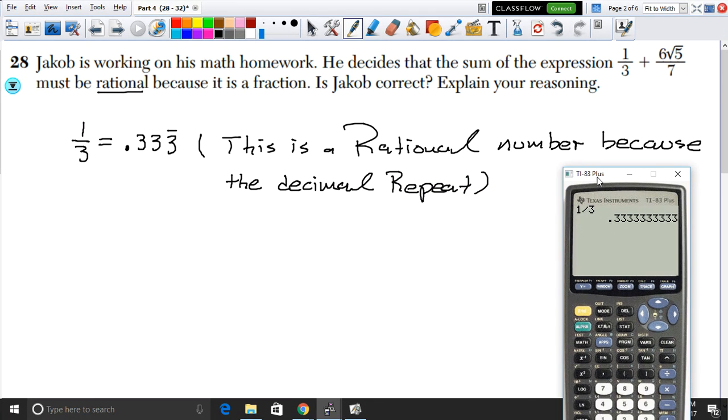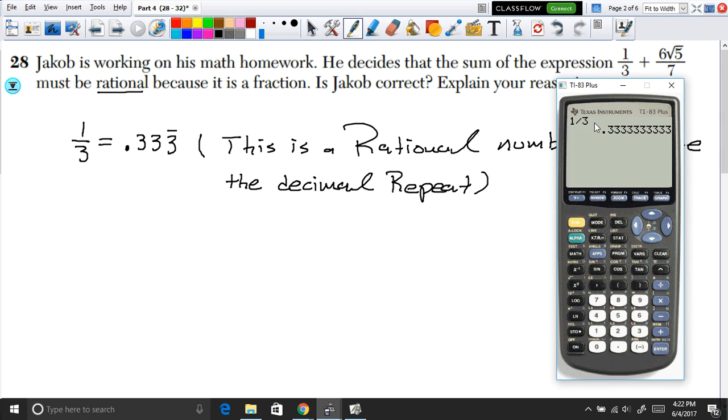Okay, what do I mean by the decimals repeating? Well, notice that if you put in the calculator, you get 0.3333333. So notice after this 3, most likely, just by looking at the pattern here, you're going to continue with 0.33333. Because the decimals do repeat, or they follow a pattern, which is pretty much, it's always going to be a 3, then this is a rational number.